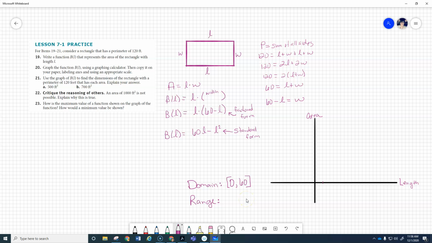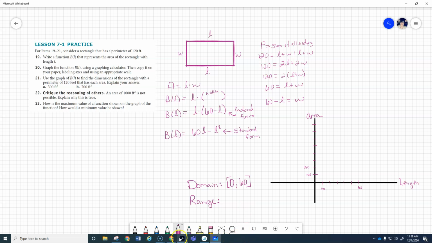This would maybe be 10, 20, 30, 40, 50, 60. Okay, I've given some scale right here. And then this one was, I think, hundreds. 100, 200, 3, 4, 5, 6, 7, 8.